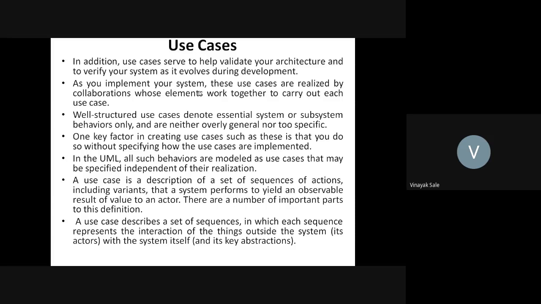There are a number of important parts in this definition. A use case describes a set of sequences in which each sequence represents the interaction of things outside the system, that is its actors, with the system itself, that is key abstractions.